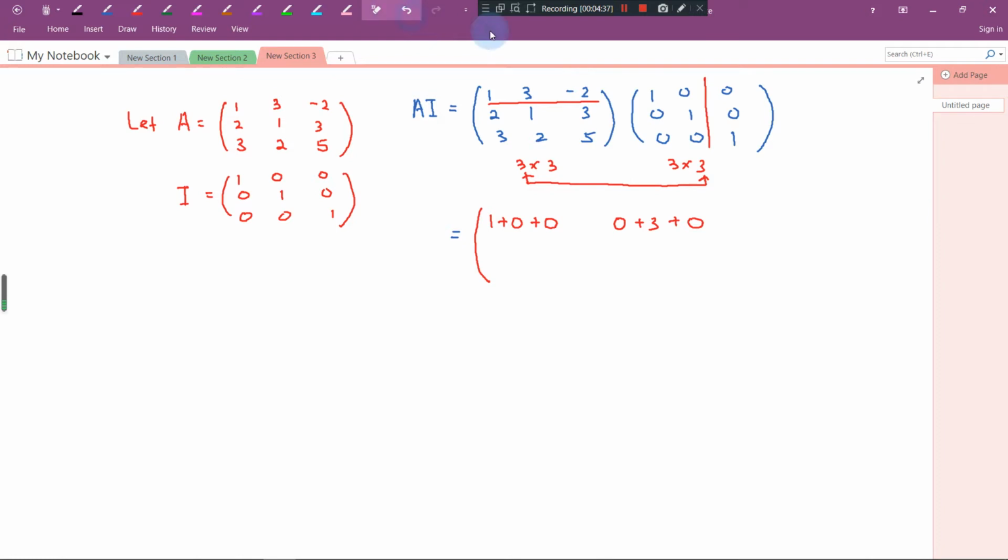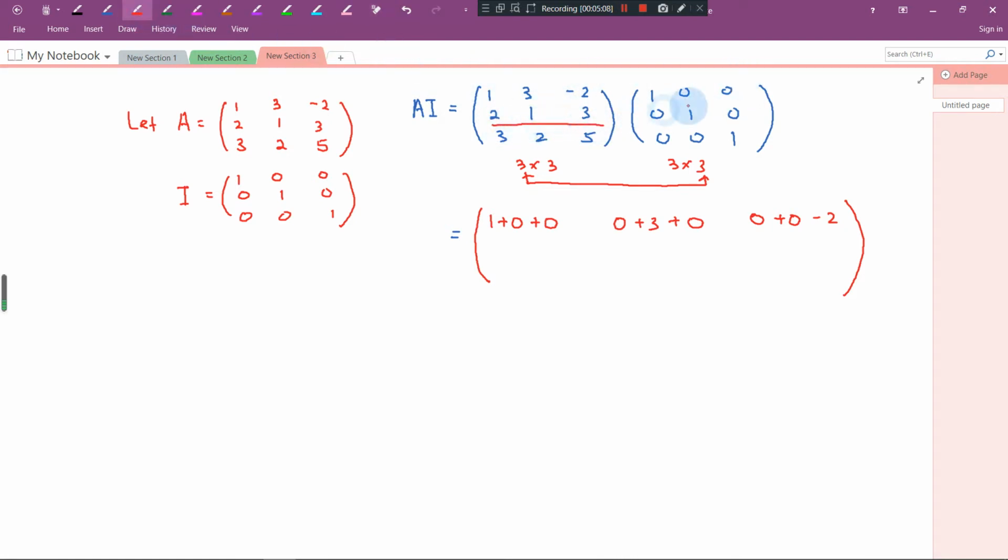Okay, let's proceed to the third column. First row, third column. It means that we have to write over here. 1 times 0, 0. 3 times 0, you get 0. Negative 2 times 1, negative 2. This is all the elements for the first row. Now let's proceed to the second row.